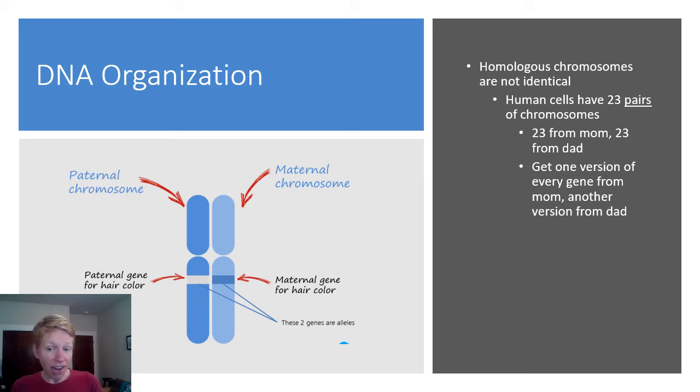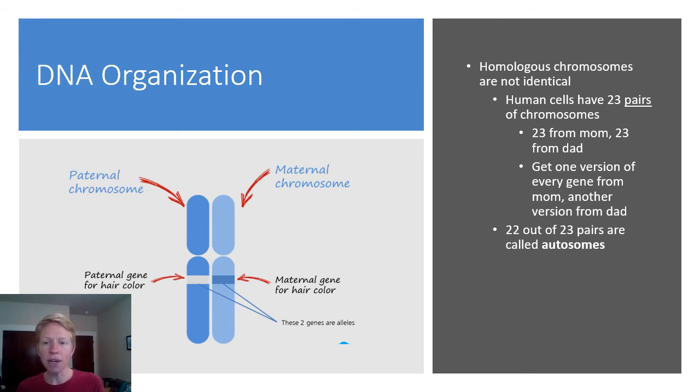So they're not identical. They do carry all the same instructions for the same traits, but the alleles might be different. So you get one allele or one version of every gene from your mom and another allele from your dad. So they both have instructions for making a nose, but those instructions are likely slightly different.